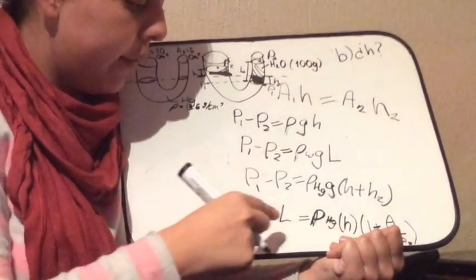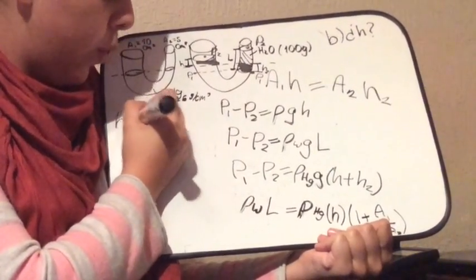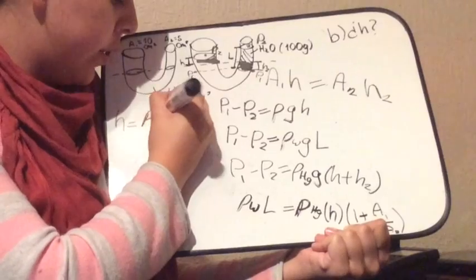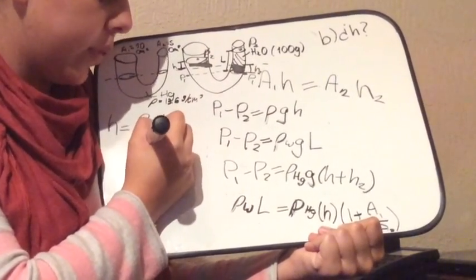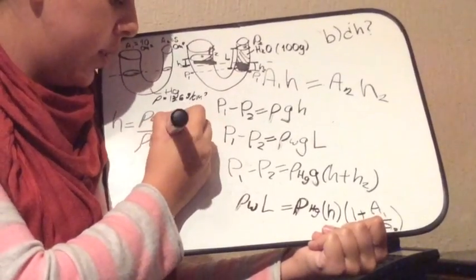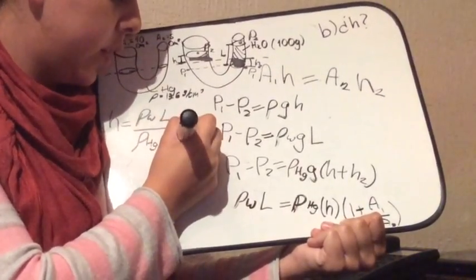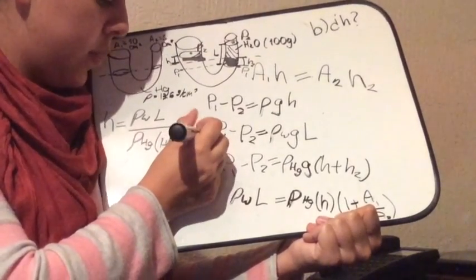So we end up having something like this. I'm going to continue here. h should equal the density of water times L divided by the density of mercury times 1 plus A1 divided by A2.